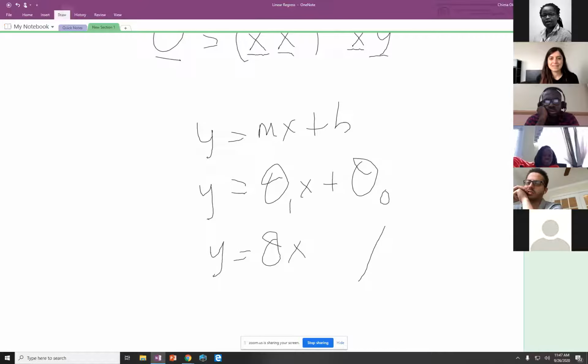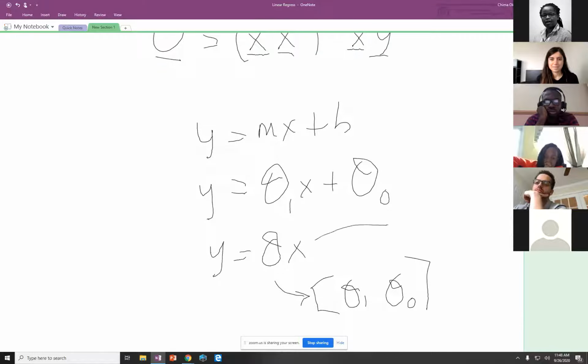Part of the reason for this formula is that theta represents a vector, theta 1 and theta 0.